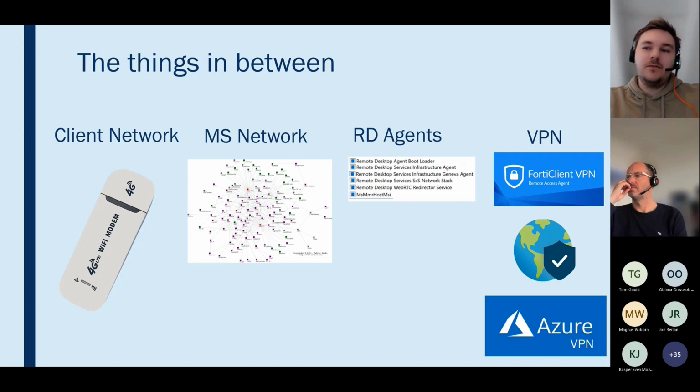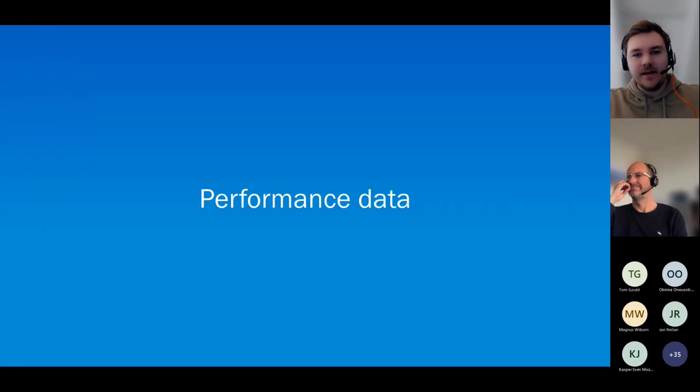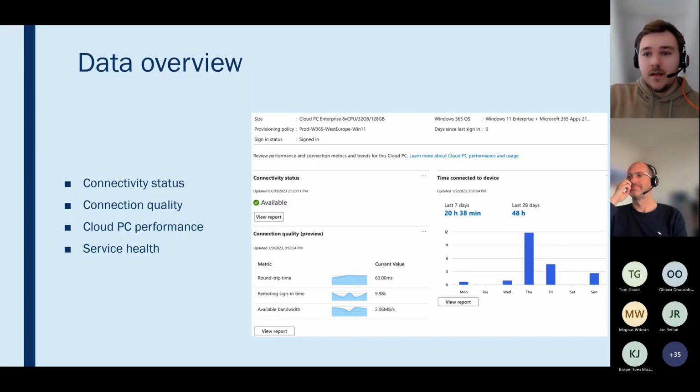So how do we get some insight into these things here? We have something called performance data, and performance data is automatically collected by Microsoft on your Cloud PC devices and imported up to Microsoft Intune. And this is the view that we have on the performance view here.